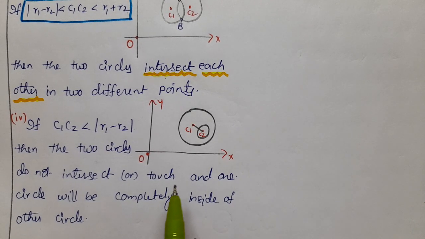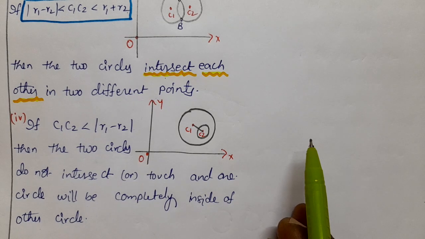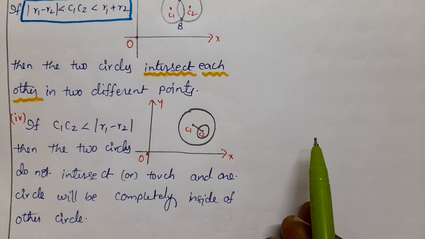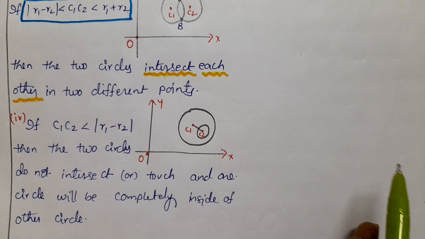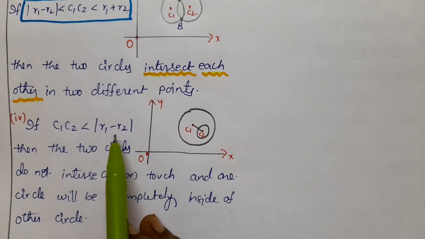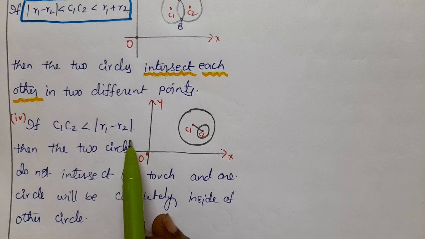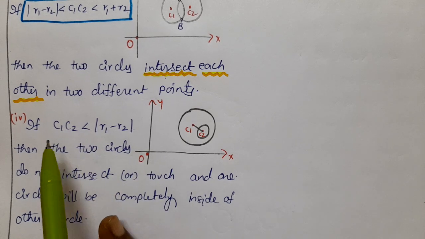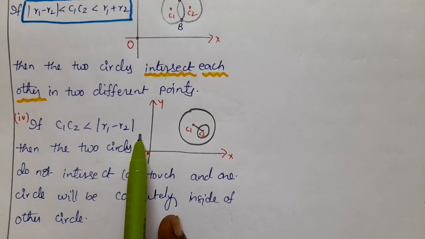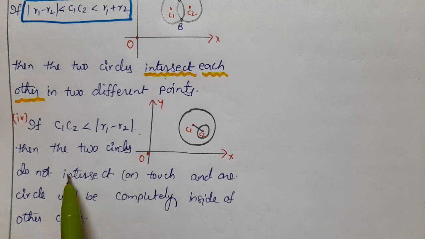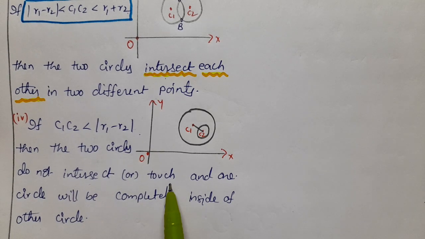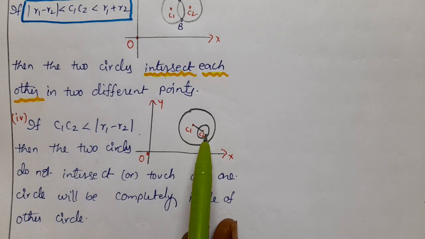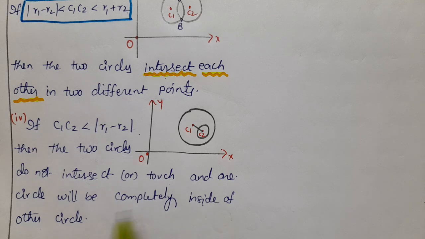In the first case, two circles lie outside each other. One circle is away from the other circle. The condition is C1C2 greater than R1 plus R2. In this case, C1C2 is less than modulus of R1 minus R2: two circles do not intersect nor touch, and one circle is completely inside the other circle.